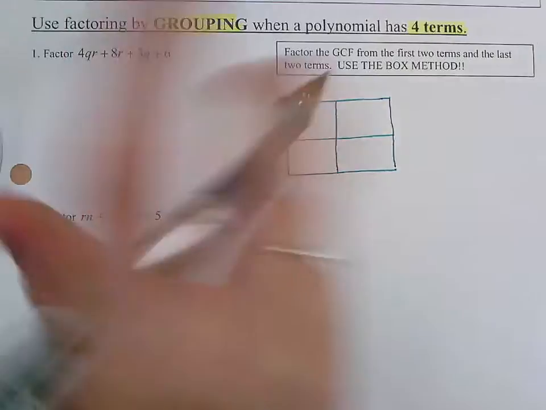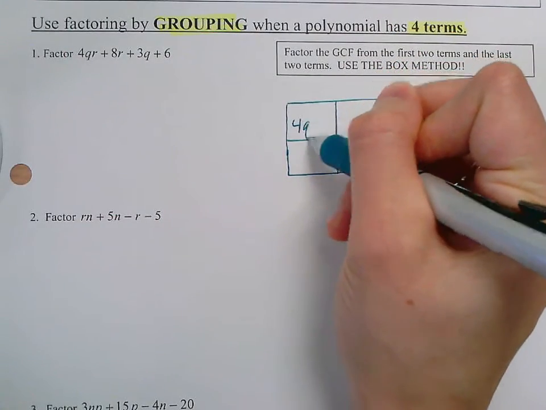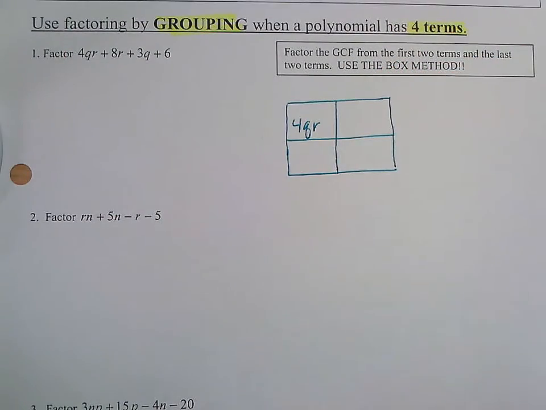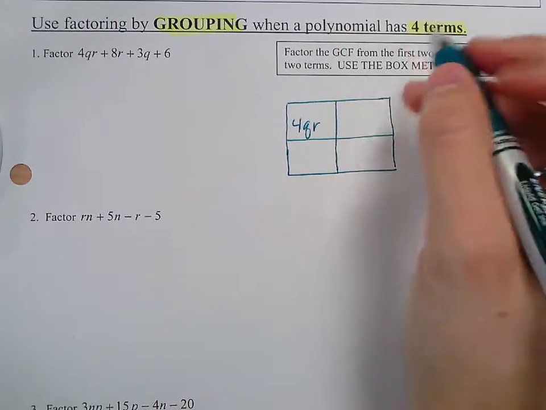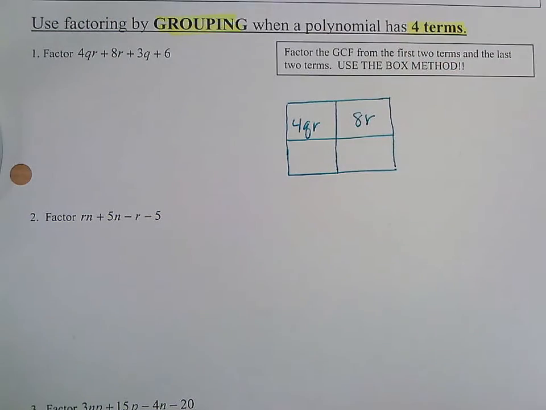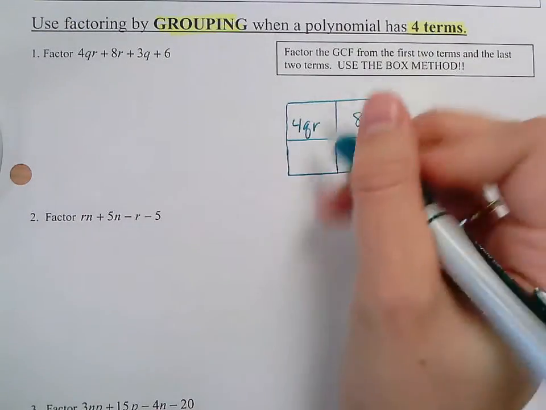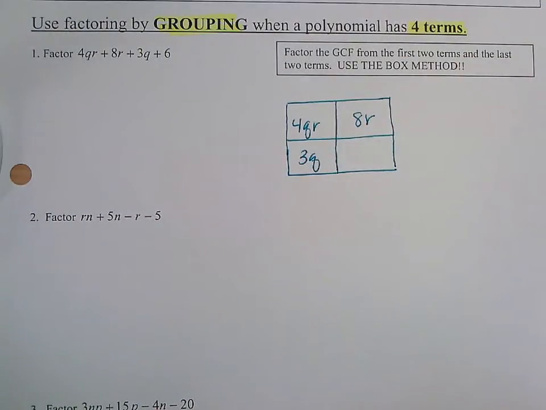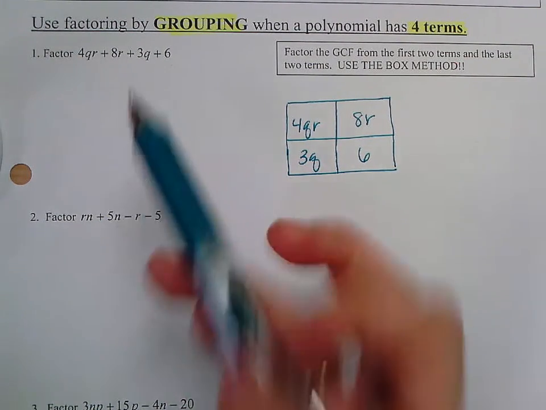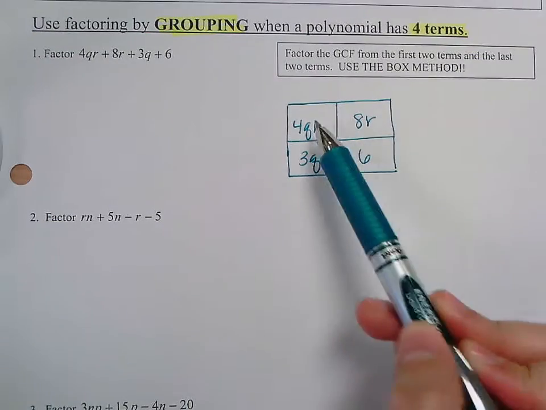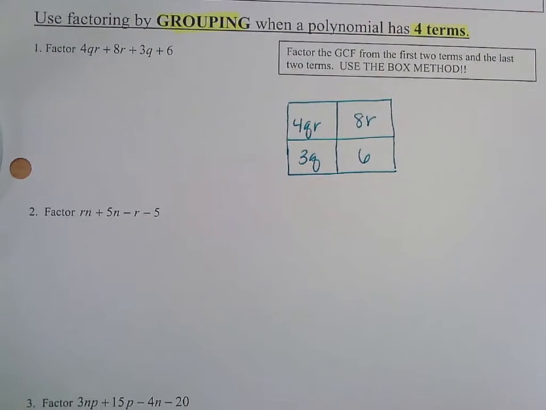So the first term, the 4QR, I'm going to put in the first box on the top. Then the positive 8R goes in the next box. Then I go to the bottom row, the positive 3Q goes in the next box, and the positive 6 in the last box. If I had minus signs, that means they're negative. I should put the negative symbols in there with them, but they're all positive.